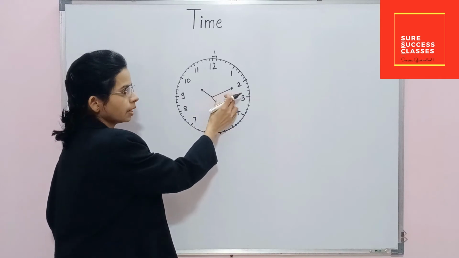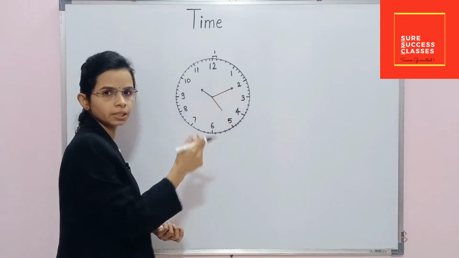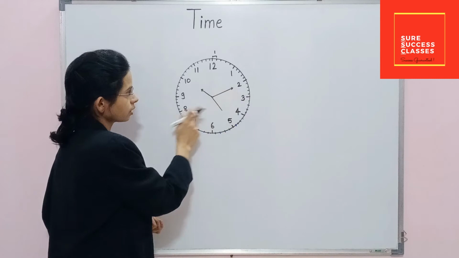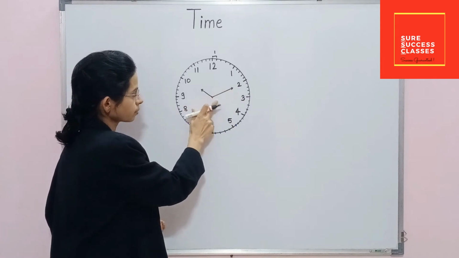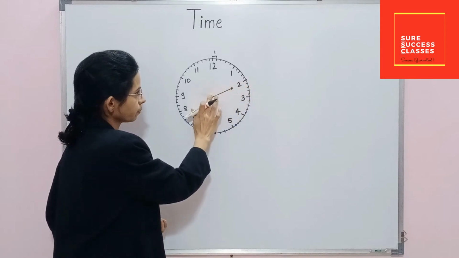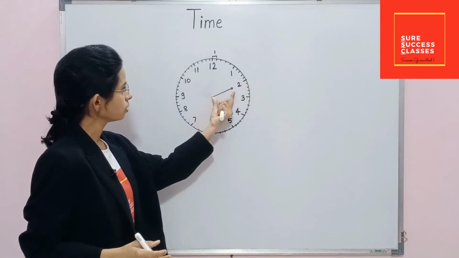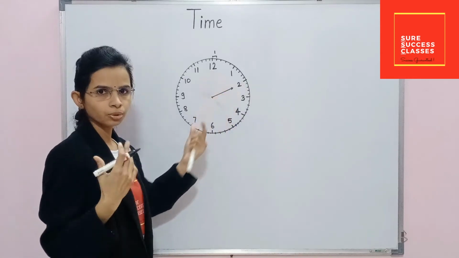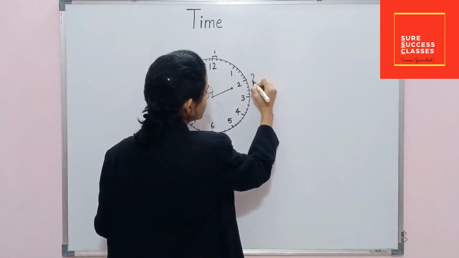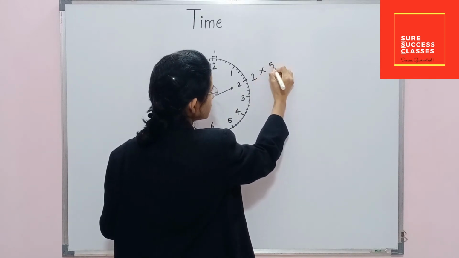If the minute hand is at 2 and we have to count the minutes at this position, to make it clear, I will rub these two hands and we will concentrate only on the minute hand. When we convert these numbers into minutes, we will multiply these numbers by 5 minutes.